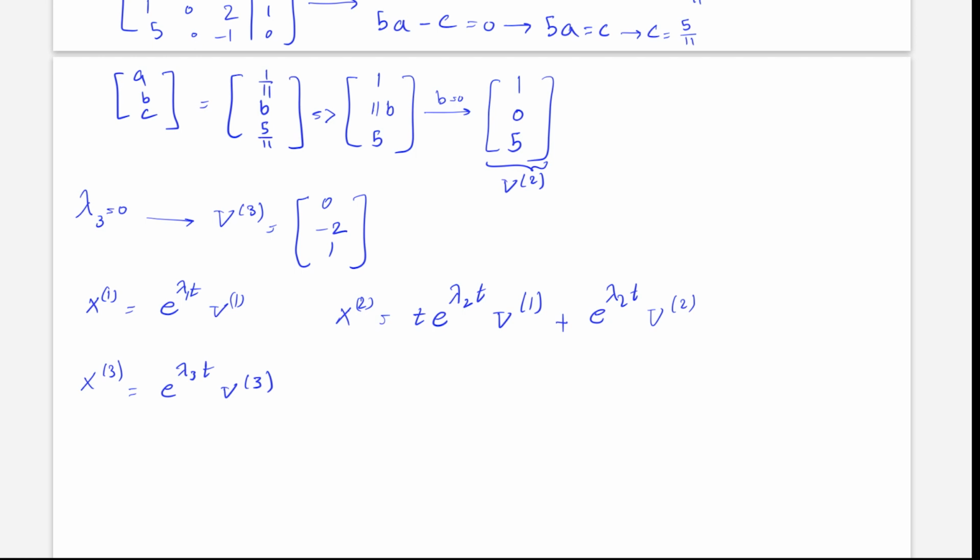Remember, if the eigenvalue was repeated 3 times, let me write it, for example, here, okay?